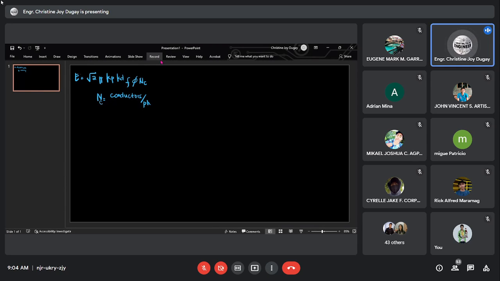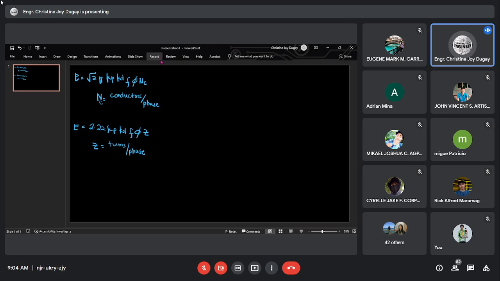And you may also use the formula E is equal to 2.22 Kp Kd frequency, flux, and Z, wherein our Z here should be turns per phase.